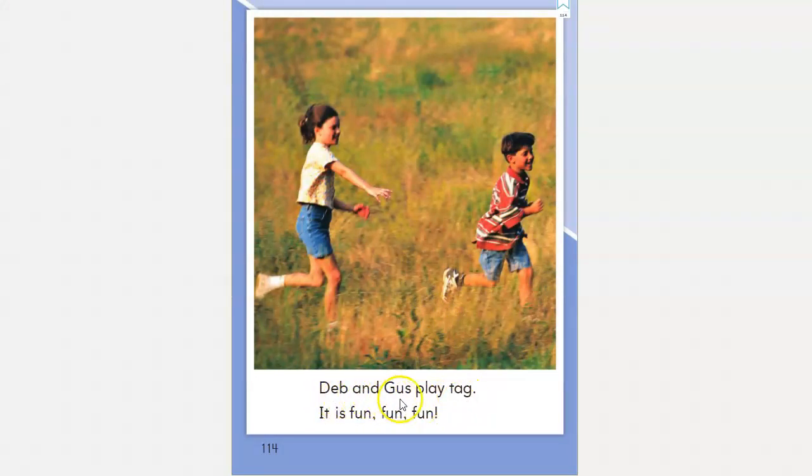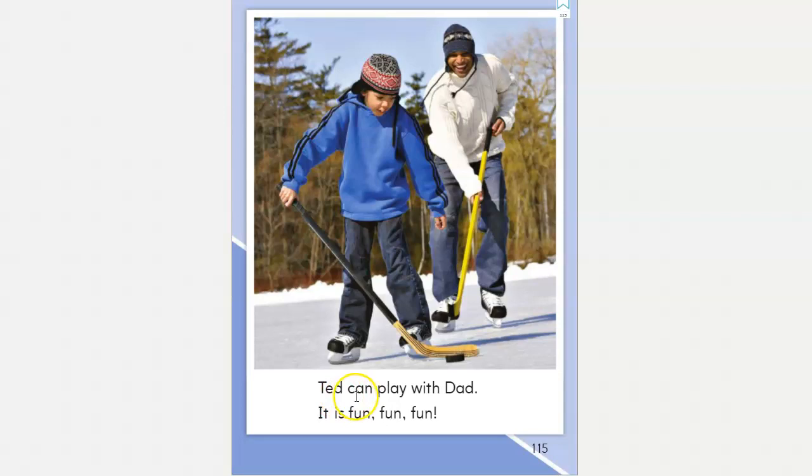Deb and Gus play tag. It is fun. It is fun. Ted can play with Dad. Ted can play with Dad. It is fun. It is fun.